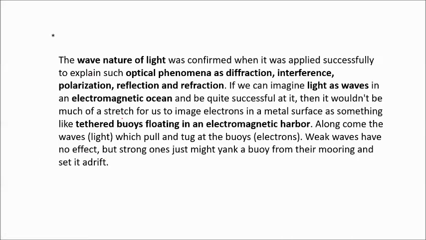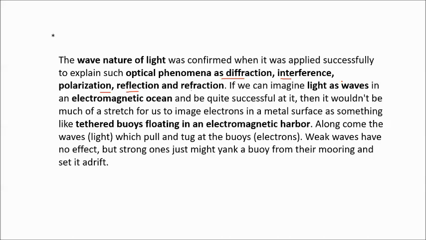Okay. So the wave nature of light was confirmed when it was applied successfully to explain such optical phenomena as diffraction, interference, polarization, reflection, and refraction. If you can imagine light as waves in an electromagnetic ocean and be quite successful at it, then it would not be much of a stretch for us to imagine electrons in a metal surface as something like tethered buoys floating in an electromagnetic harbor.